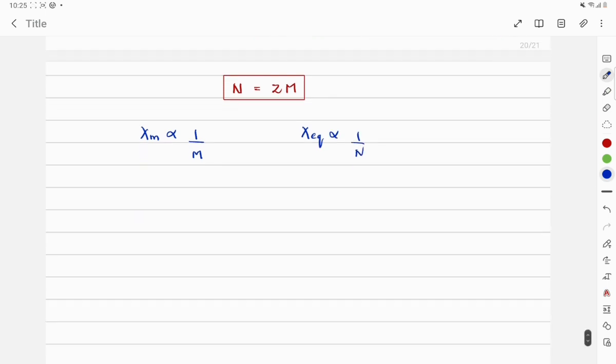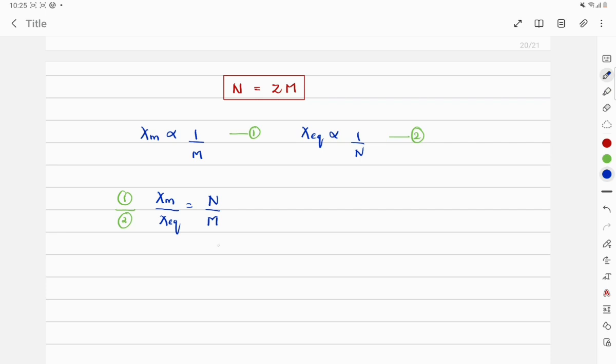If I take a ratio of these both equations, equation 1 divided by 2, how will I write that? Lambda M divided by lambda EQ will be equal to 1 by M divided by 1 by N, right? That will be written as N by M. Hope you know how to take reciprocal. It's simple.